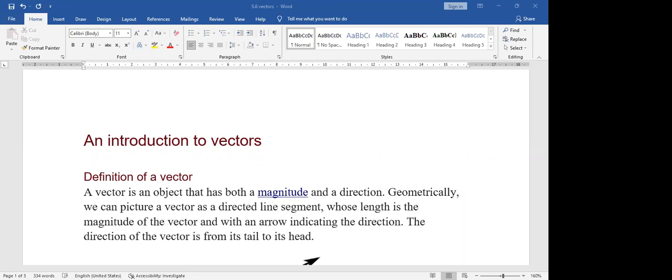So both are very important if we are to talk about a vector. You will notice that I said geometrically we can picture a vector as a directed line segment.